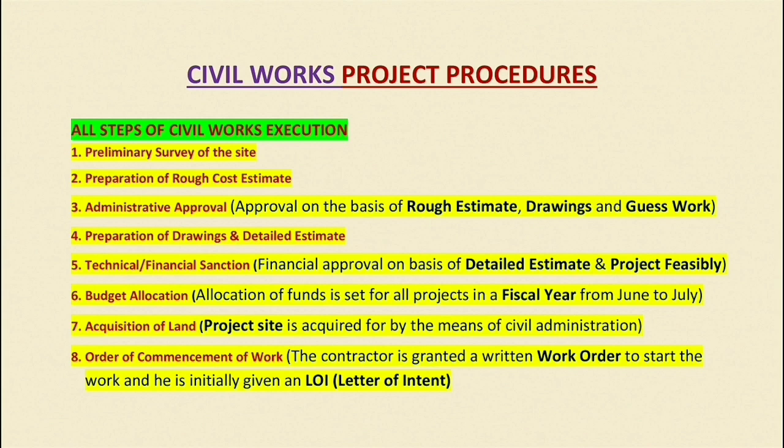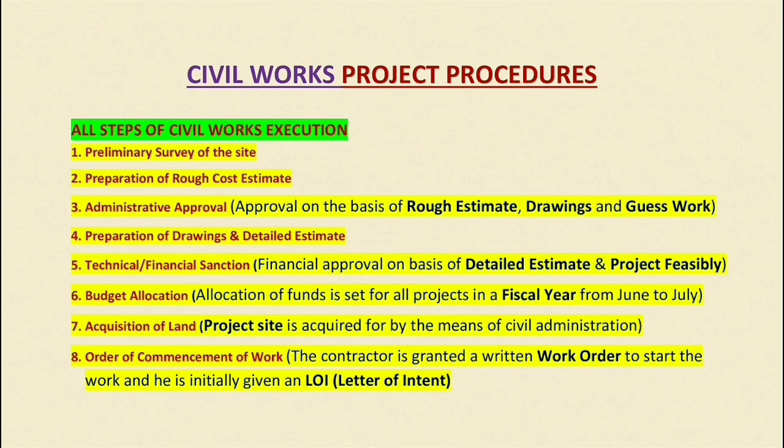So now let's talk about all the steps of civil works execution. Once we want to make a civil project, once we want to do a certain type of construction work, the first step is the preliminary survey of the site. An initial survey is done at the site.